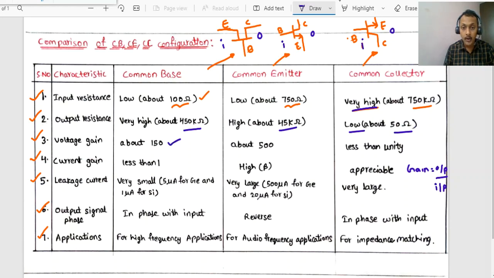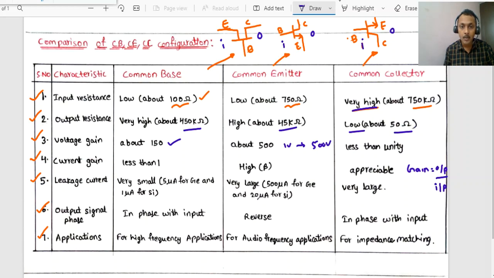The output voltage will be about 150 times the input voltage in common base configuration. In common emitter, the output voltage will be about 500 times the input voltage. If input voltage is simply 1 volt, the output voltage will be around 500 volts.